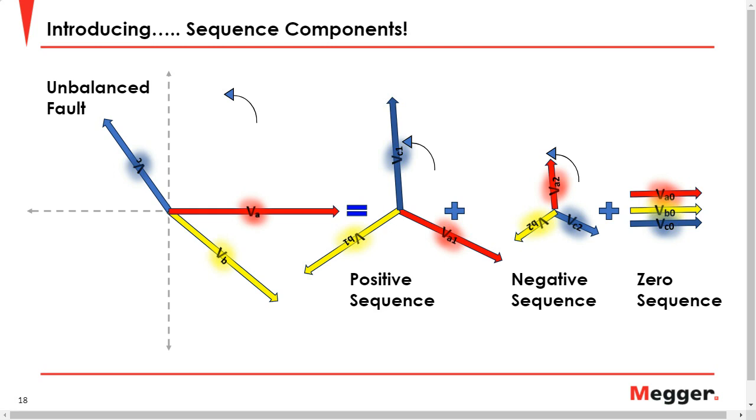And for reference, we talked about it earlier, when we talk about I2, we're talking negative sequence. You're going to see I2 often in your settings. Depending on whether it's an electromechanical relay or a digital relay, and how it's able to take that measurement and respond to it, a lot of times it's going to be set as like 3 times I2, or you might see it as a percent I2.